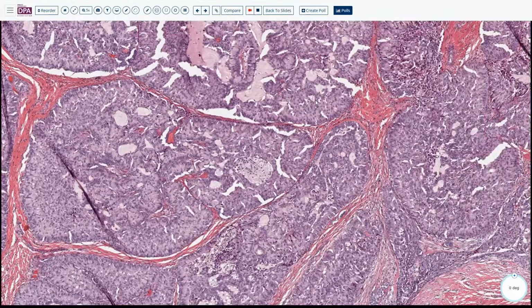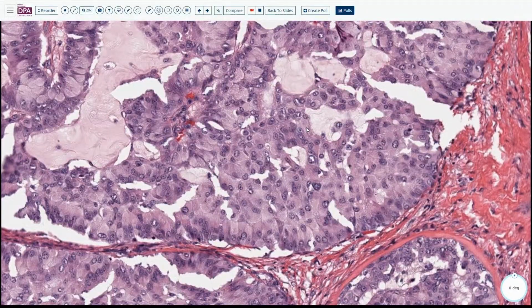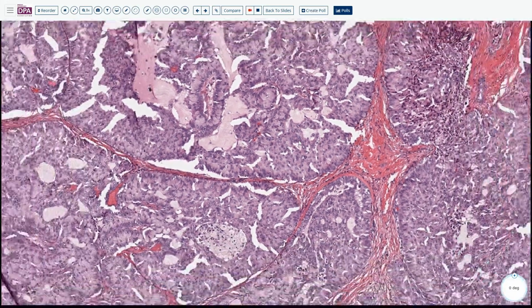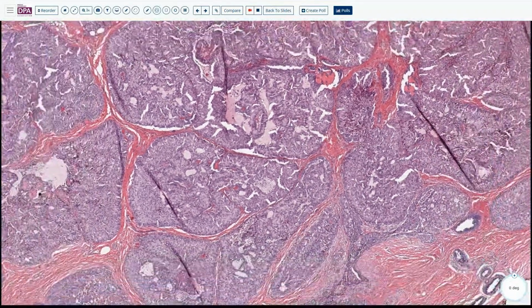And then Lindsay mentioned the nucleus feature. This one is not really perfect like salt and pepper. But the cytoplasm, we can see is a little bit eosinophilic and granular. I think this is another feature of this solid papillary carcinoma, because when we do the staining, typically they can have patchy synaptophysin staining.